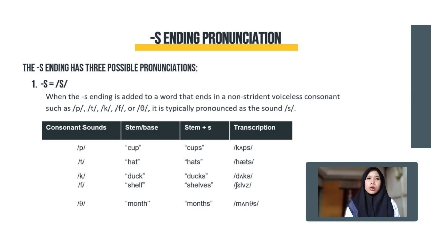In the consonant sound T, heads is pronounced as heads. In the consonant sound K, ducks is pronounced as ducks. In the consonant sound F, sulfus is pronounced as sulfus. In the consonant sound th, month is pronounced as month.